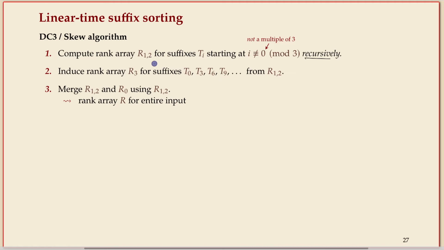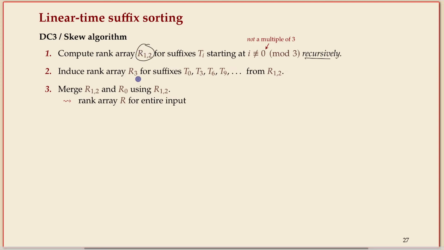R1,2 are the ranks of all the suffixes that start at positions in the text that are not a multiple of 3. Why that super weird definition? Bear with me a bit. Out of 3 consecutive starting indices for a suffix, you take 2 and you leave out the third. Then you determine the rank array for these recursively.